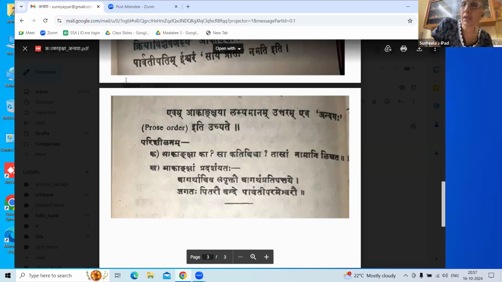Is it Pullinga or Strilinga? In Vedas, see, Vedas say Vedase in Vedas. So in Saptami, Vedas. Then there it is Kasmin. Correct. Then what is Kasmin? Aham Namami.